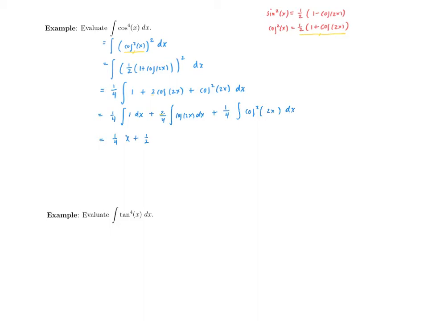And an antiderivative of cosine of 2x is going to be 1/2 sine of 2x. And let me give you the quick reminder. This is something I believe we've written down previously. So let's just note it to the side as a common formula.